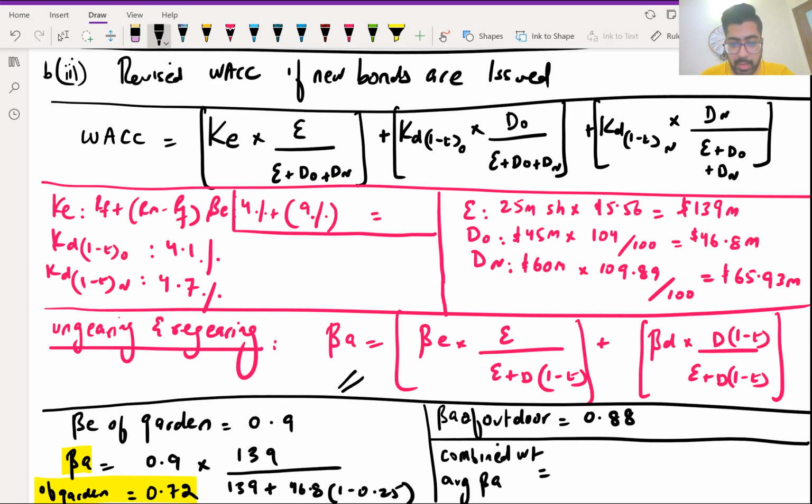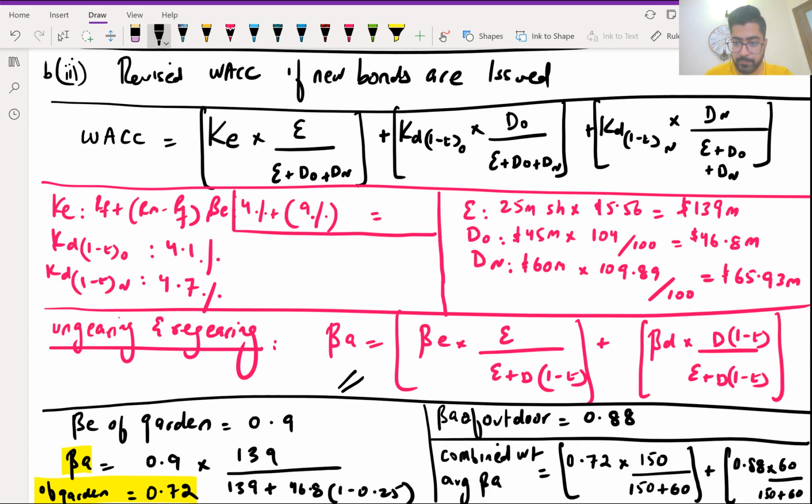The beta asset of garden is 0.72 and the size of garden is 150 million non-current assets over 150 plus non-current assets of outdoor 60. And the beta asset of outdoor is 0.88 into 60, its size of non-current assets, over 150 plus 60.